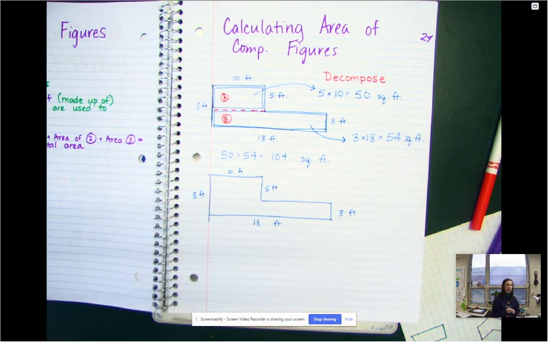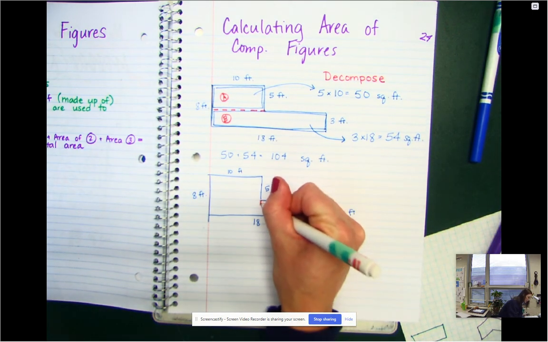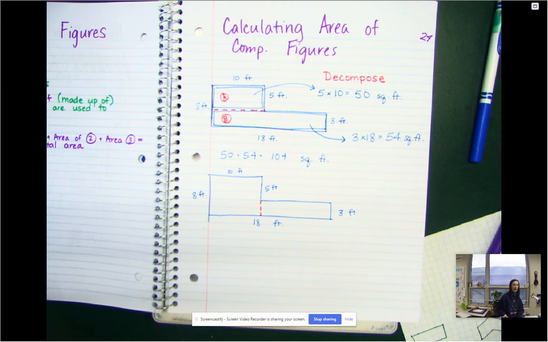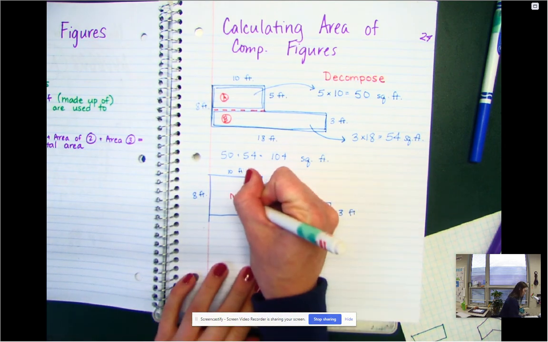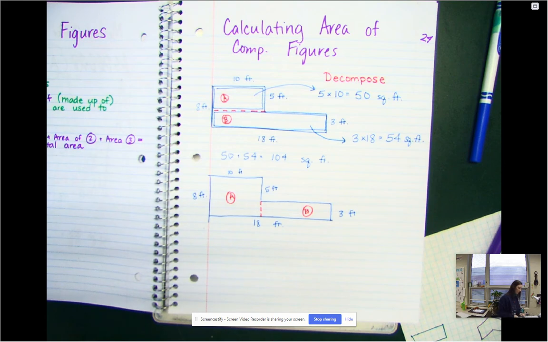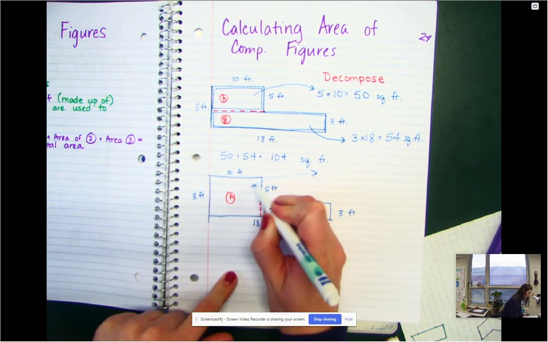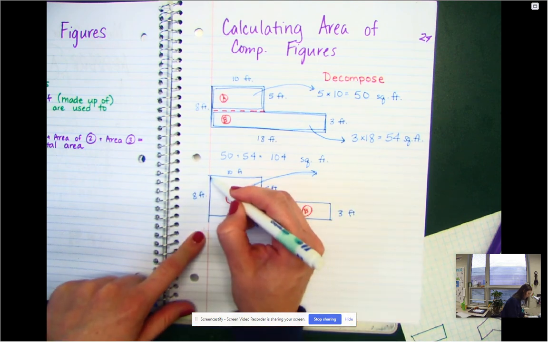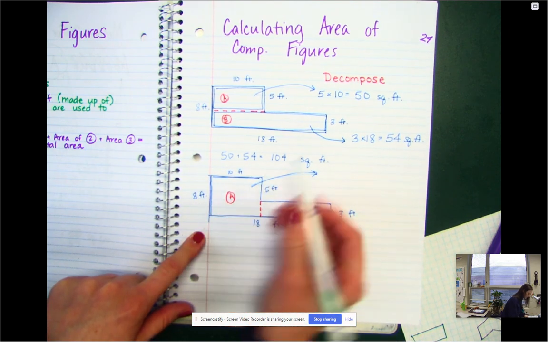Okay, and let's say this time I'm going to divide it like this. So this is shape A, and this is shape B. Shape A, now, you've got to be careful that we're looking at the right numbers, is 8 feet by 10 feet.